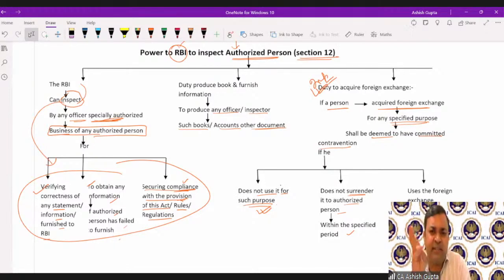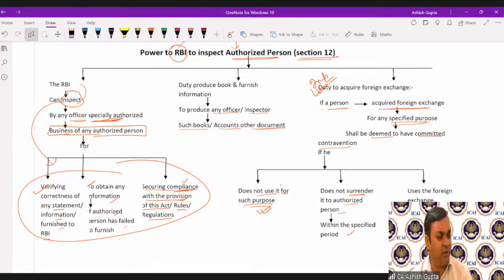We completed sections 10, 11 and 12, and all three sections concern authorized persons only. So one short note will be prepared on the authorized person. Is there any doubt in sections 10, 11, 12?